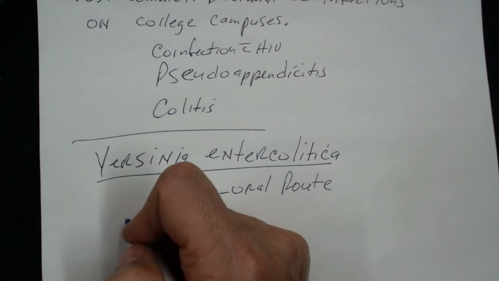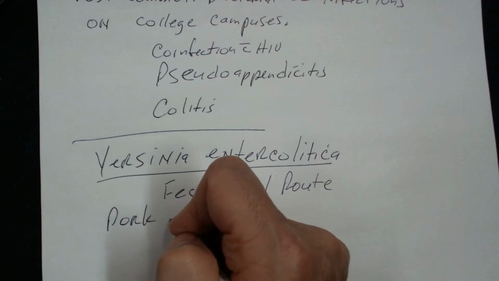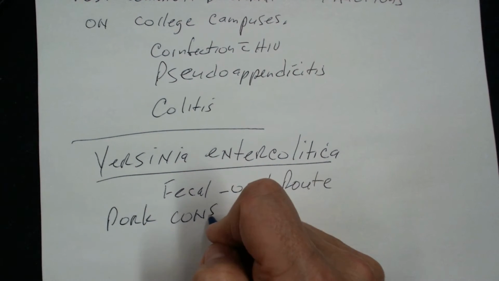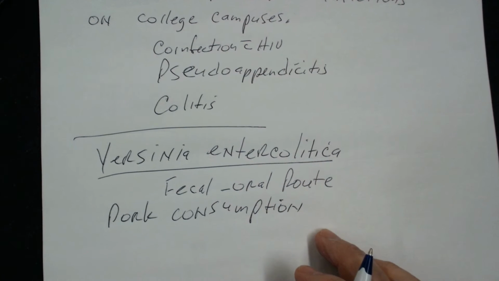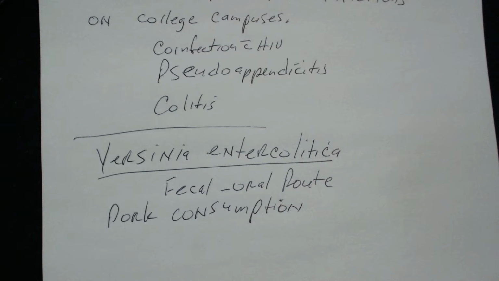And most commonly it's associated with pork consumption. So usually undercooked, raw pork have been responsible for a fair number of your outbreaks.